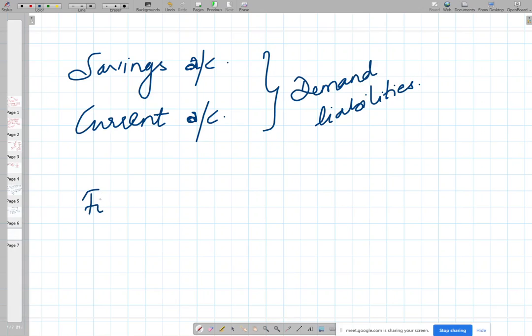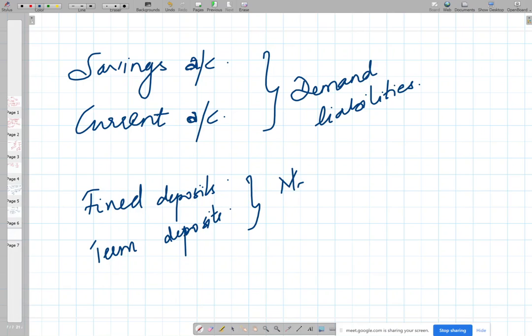At the same time, you have certain deposits like a fixed deposit or a term deposit, certain schemes of the bank wherein you maintain the amount for a fixed period of time. These types of deposits have something called a maturity period. If you're making a fixed deposit, you normally would make it for a year, 2 years, and so on.